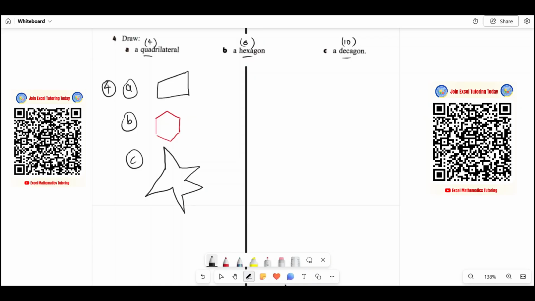So how many sides for this one? 1, 2, 3, 4, 5, 6, 7, 8, 9, 10. So this is the shape for a decagon. Wherever you start and wherever you end, the shapes may differ. So there is no special decagon I can draw.